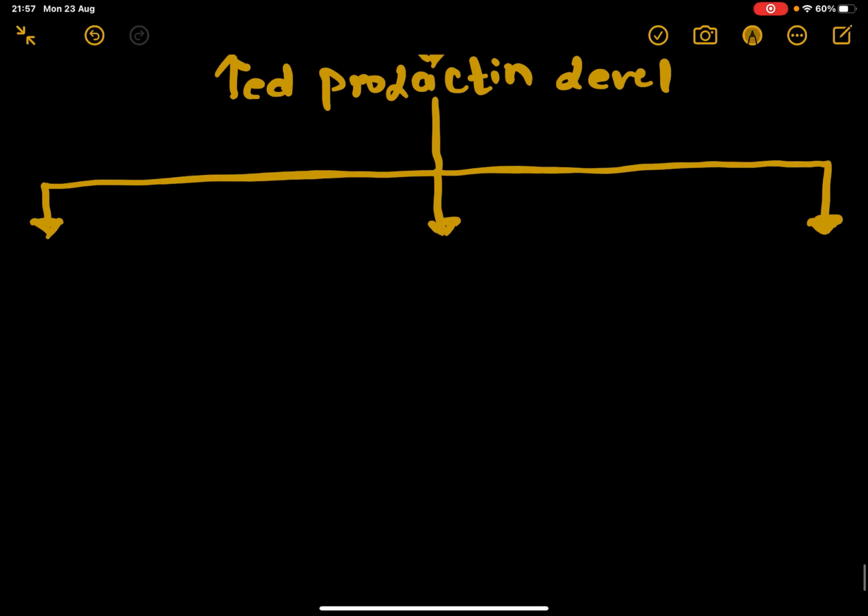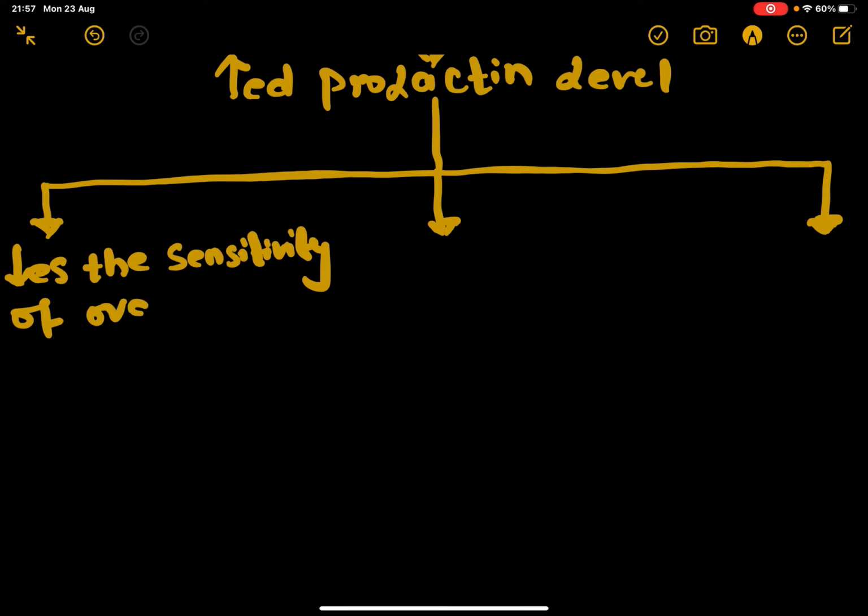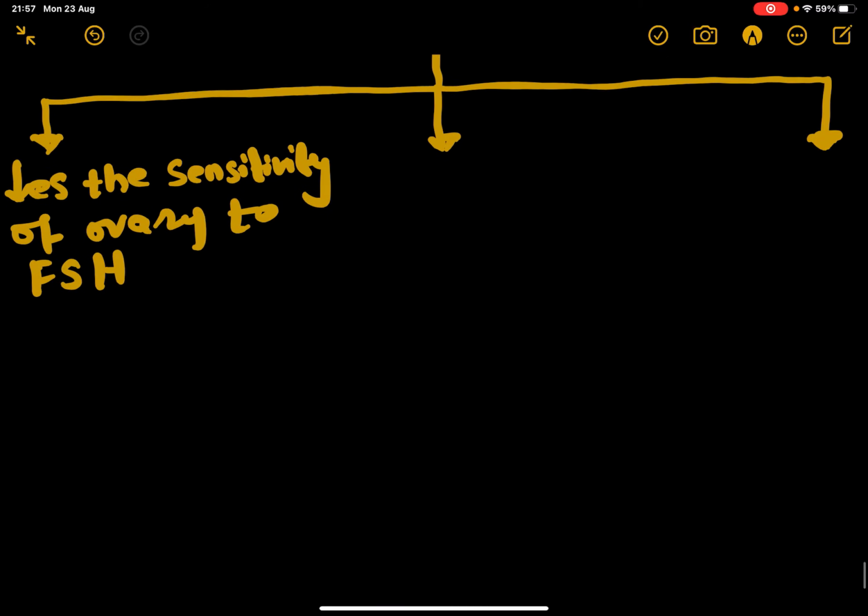One, it decreases the sensitivity of the ovary to FSH, follicular stimulating hormone.